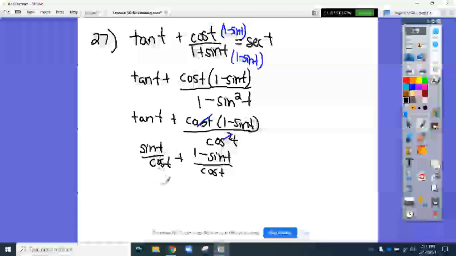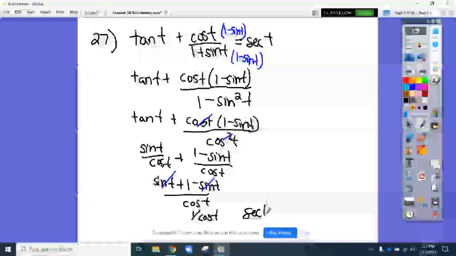Bring those together, they already have a common denominator. Sine of t plus 1 minus sine of t over cosine of t. The sine and the negative sine cancel. I'm left with 1 over cosine, and that is secant.